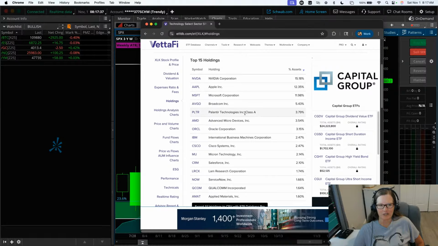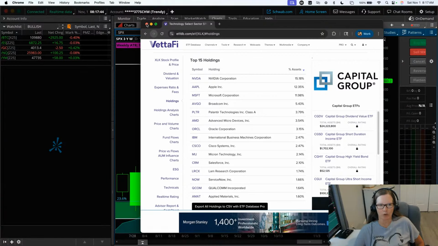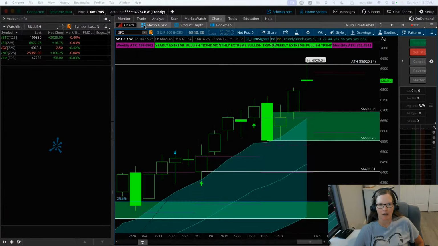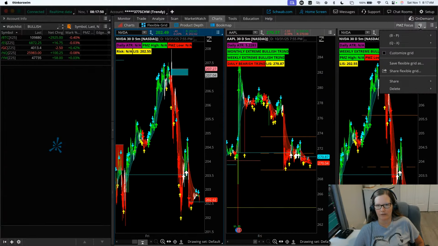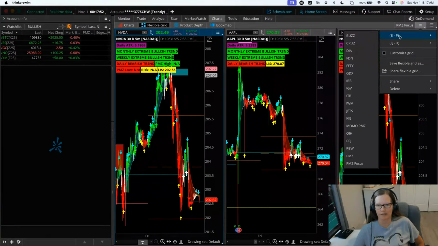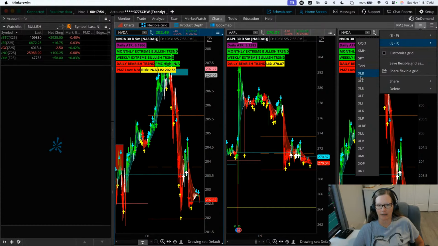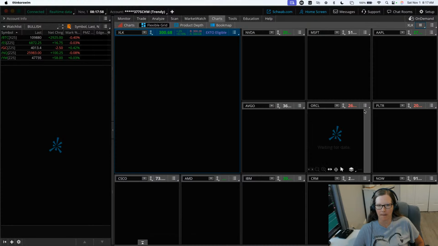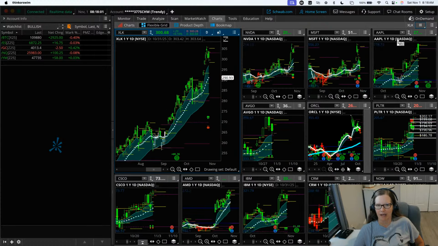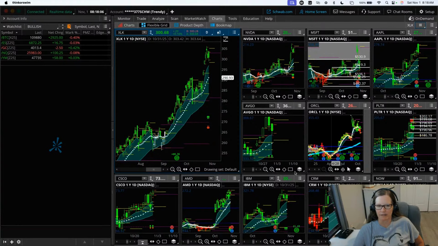Once I know what's trading within these sectors, then I build a flex grid of those top names. So if I go here to my flex grids and I just look at XLK, you're going to see that I have the top weighted names in that sector on this list.